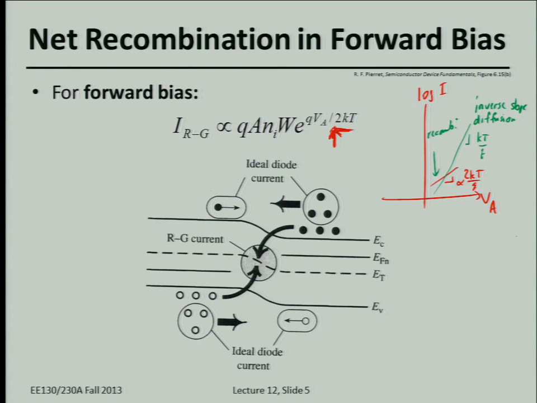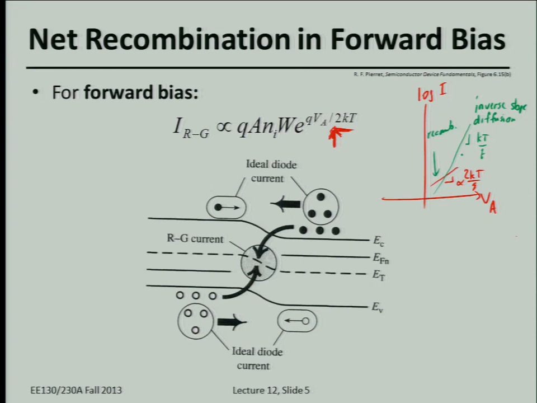So at very low voltages, and that typically happens around 0.2 volts for a silicon diode, that's why the slope looks shallow. But at higher voltages, you always have this recombination occurring, and it increases as you increase the voltage.